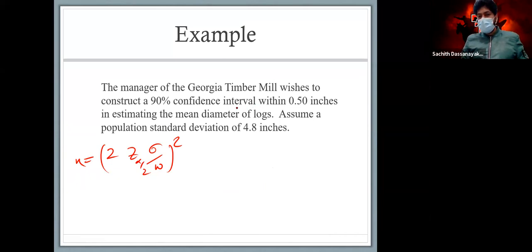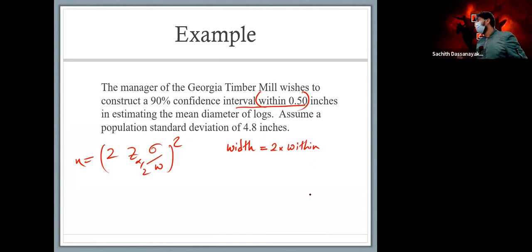See, they have given the interval within 0.5. What does that mean? Is that equal to the width? Within means half of the width, so you have to multiply by 2.